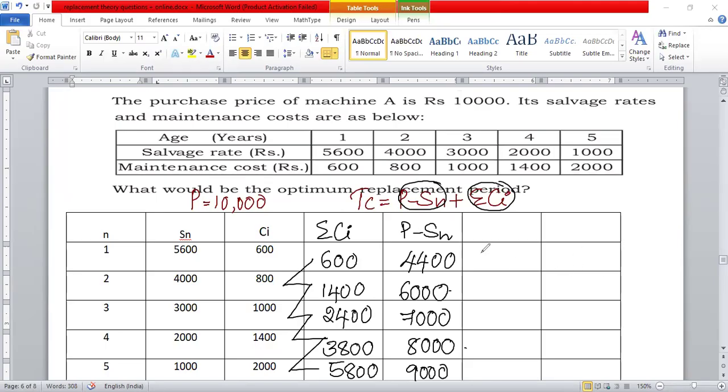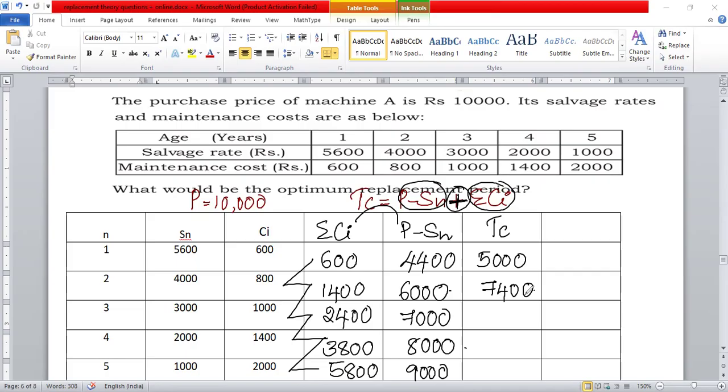But now TC is not completed. P minus S of N and summation of CI, the middle plus is there, so then only TC is over. The total cost, we should add it. The first one, 5,000. Second one, 6,000 plus 1,400, so 7,400.